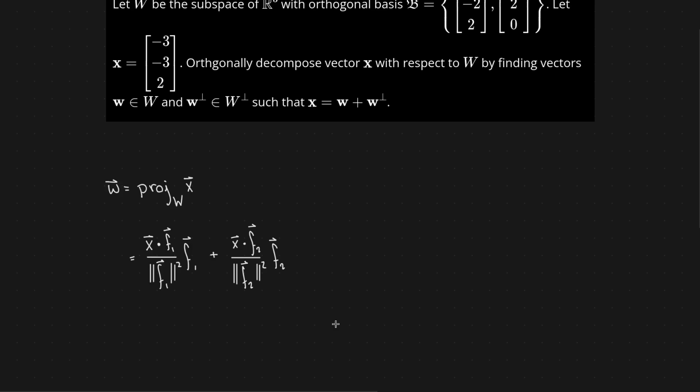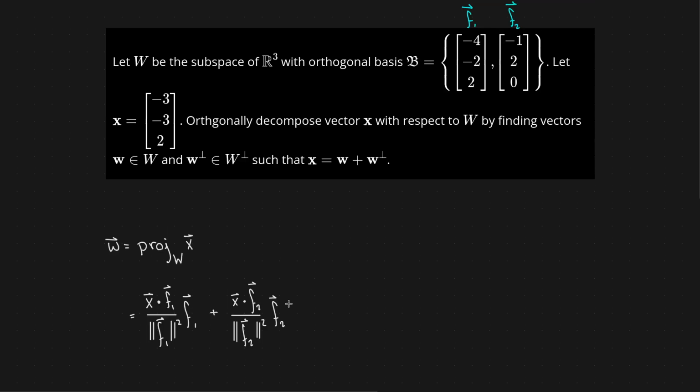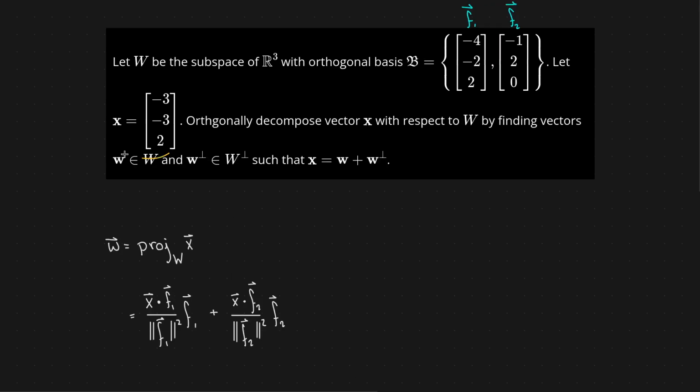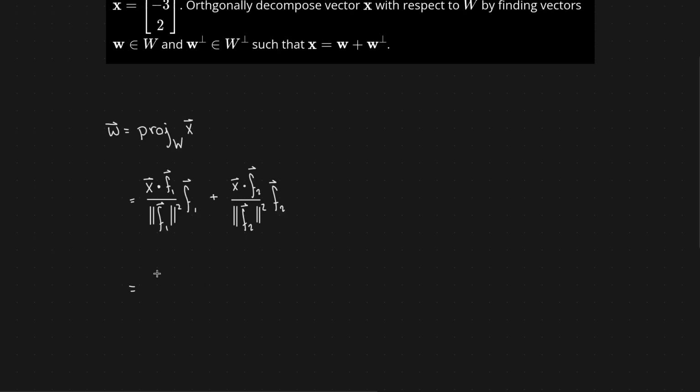All right, let's do the arithmetic. Start with the dot product of x with f1. I'm going to do it kind of quick. If I take the dot product of these, I will get 12 plus 6, that's 18, plus 4, that's 22. So the numerator is going to be 22.